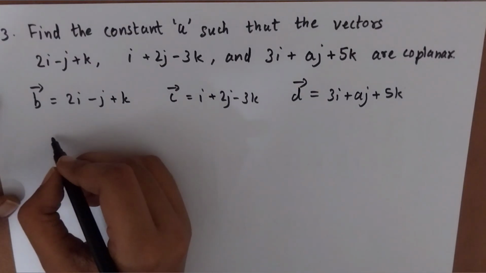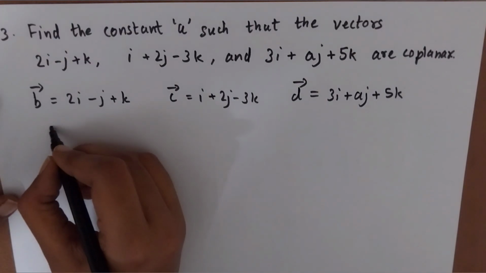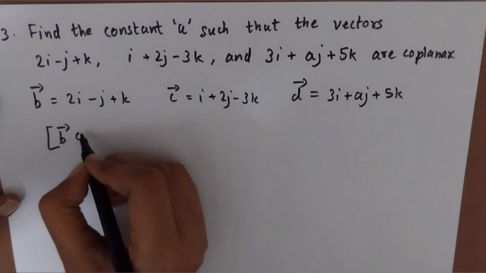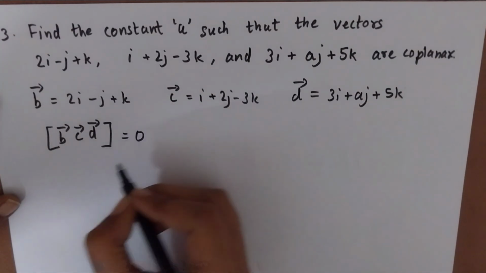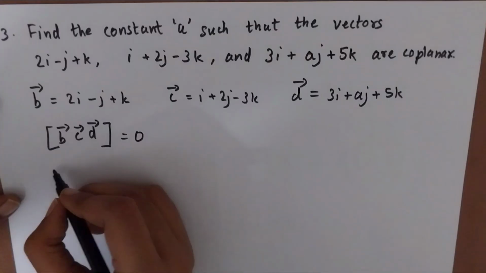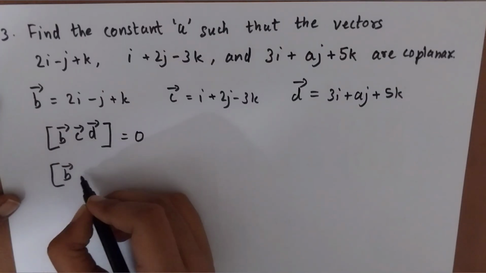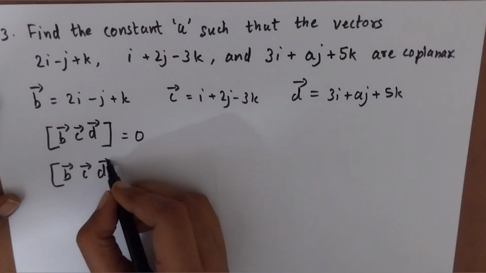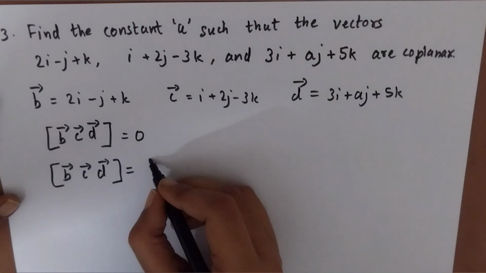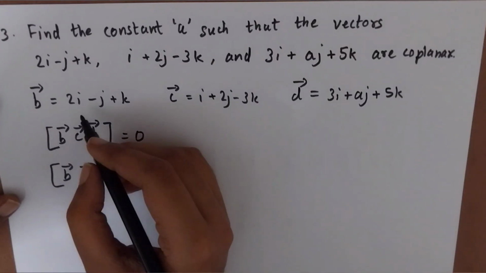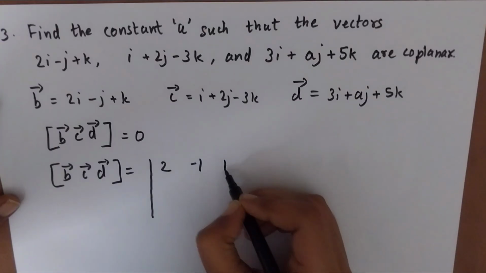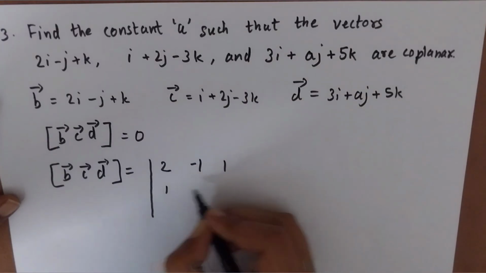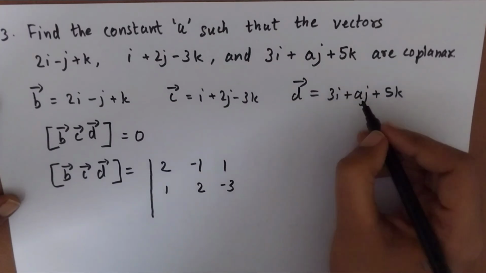Now we will equate this to 0. Box BCD equals 0. Box BCD is equal to determinant 2, minus 1, 1, 1, 2, minus 3, 3, a, 5.